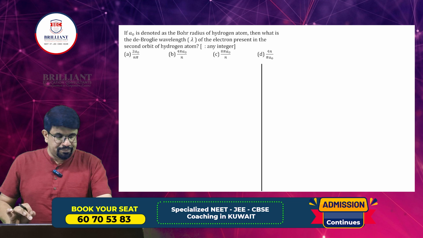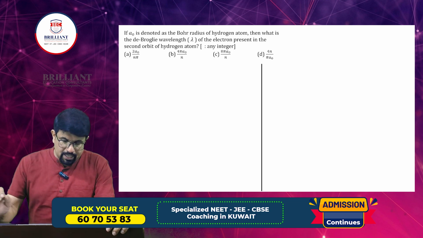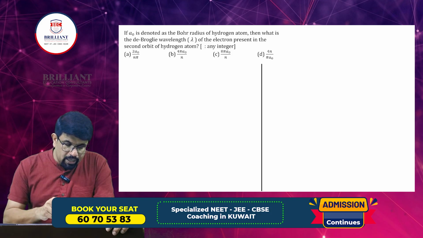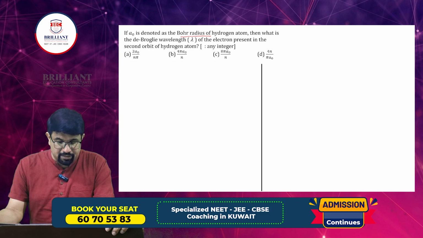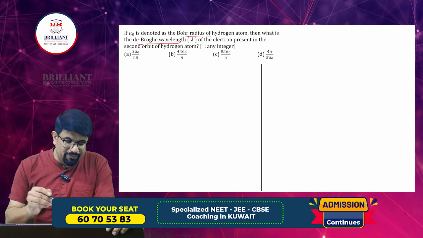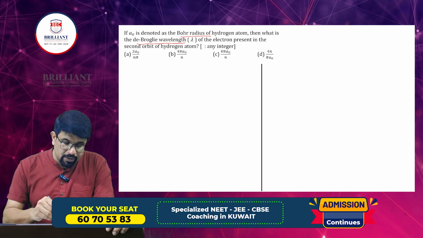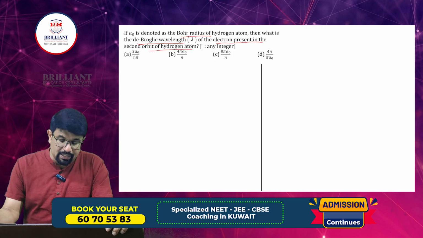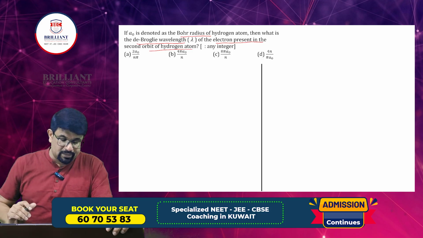Next question. Here you can see that the question is: if A0 is denoted as the Bohr radius of hydrogen atom, what is the de Broglie wavelength lambda of the electron present in the second orbit of hydrogen atom? They are given 4 options.